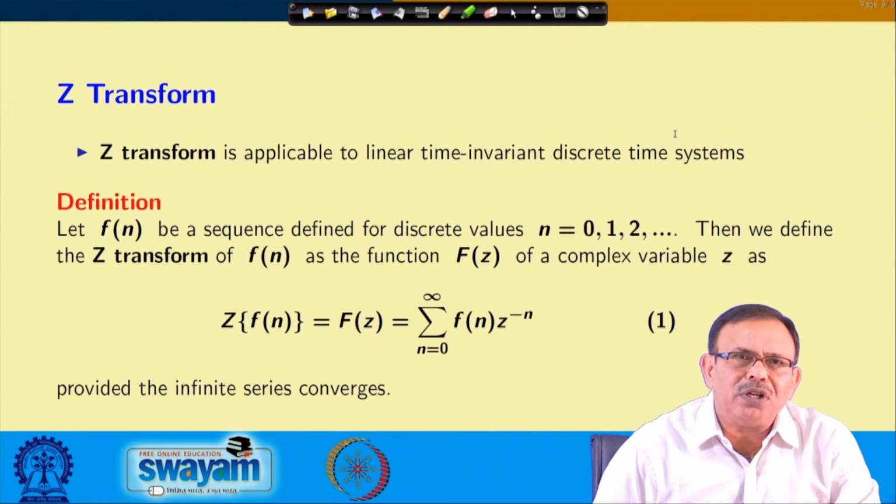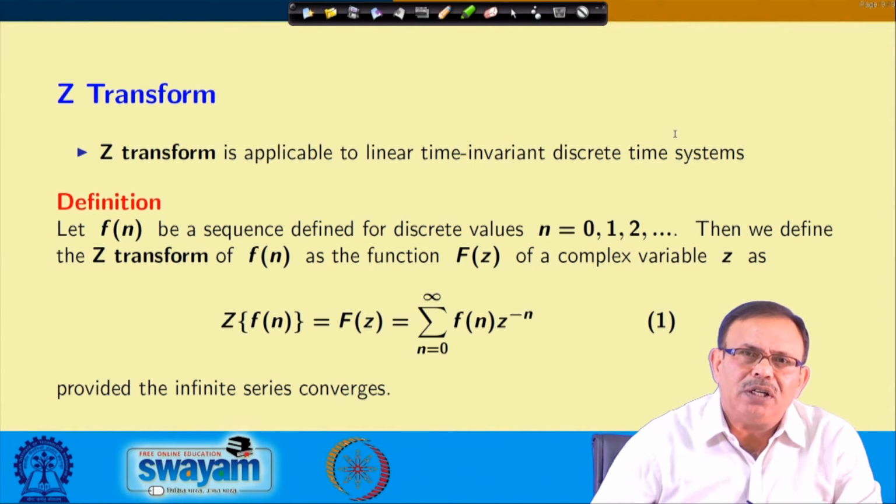So, please note that the Z transform of a function f n, where f n is a sequence defined for discrete values of n equals 0, 1, 2 like this, is: Z transform of f n equals summation n equals 0 to infinity f n z to the power minus n.